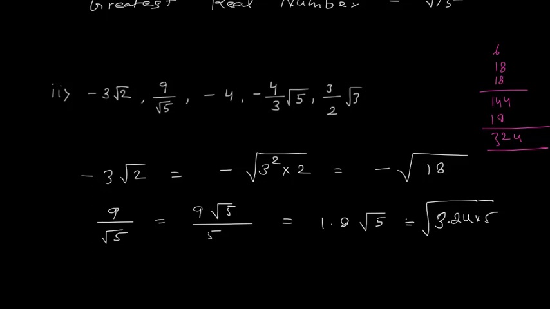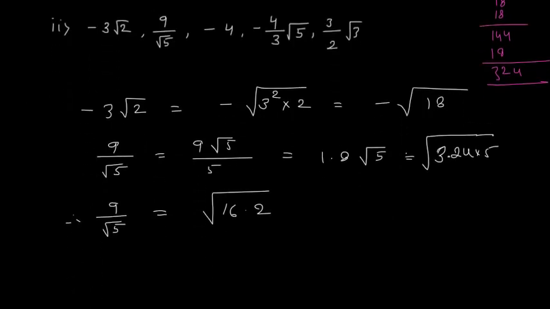So therefore this 9 upon root 5 will become a square root of 3.24 into 5, so 5 4s are 20, 0, 2, 5 2s are 10 plus 2, 12. Okay, and 1 carry, 5 3s are 15, 1 16. This is root 16.2.